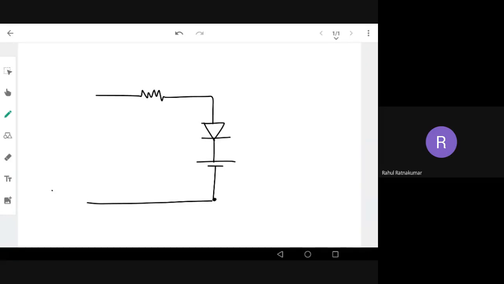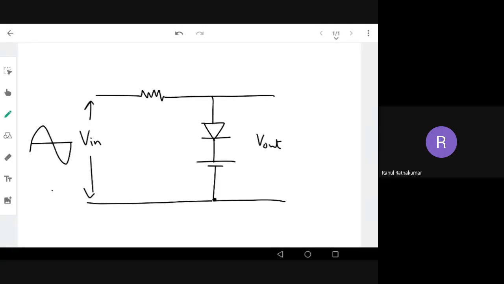Now the input is the same: a sine wave V in. The output is V out across the battery, which is plus minus, say for example, 2 volt. The input you can say is plus 5 and minus 5, plus 5 maximum and minus 5 minimum voltage. So first of all, what will be my V out transient with respect to time?